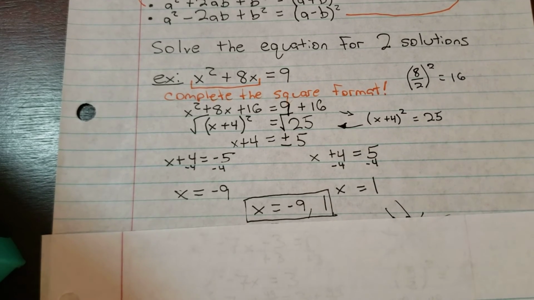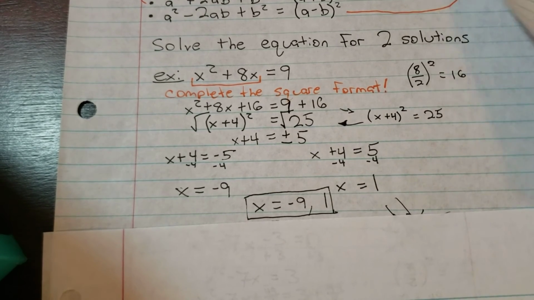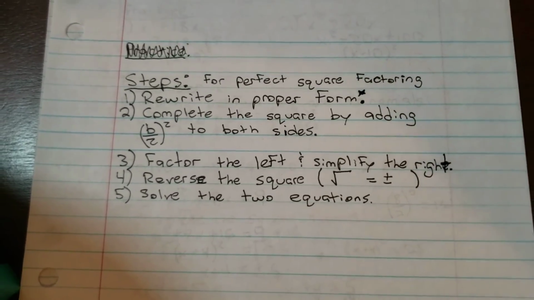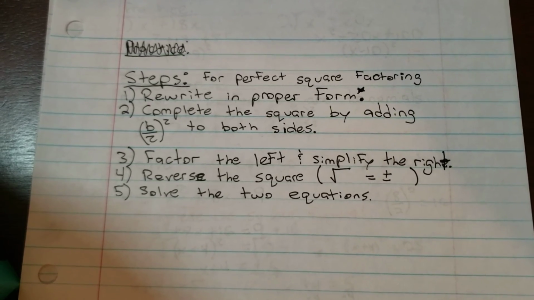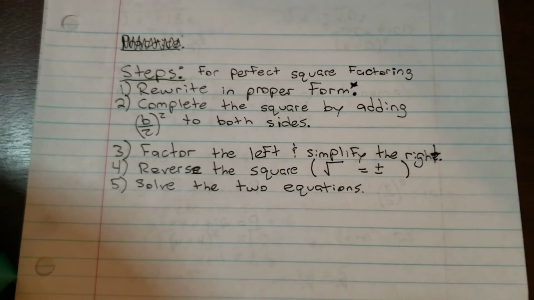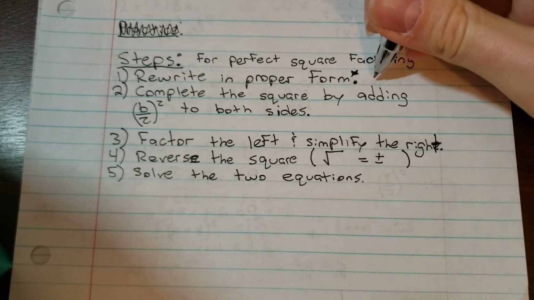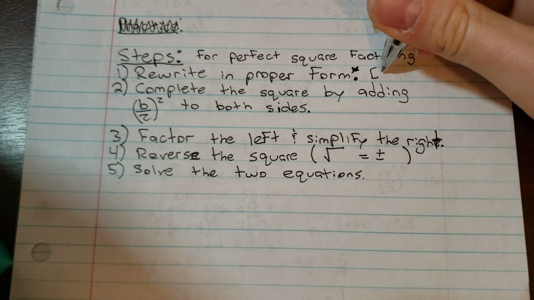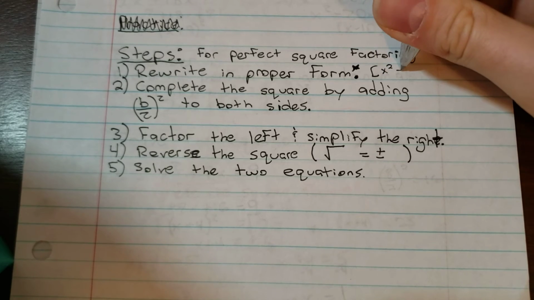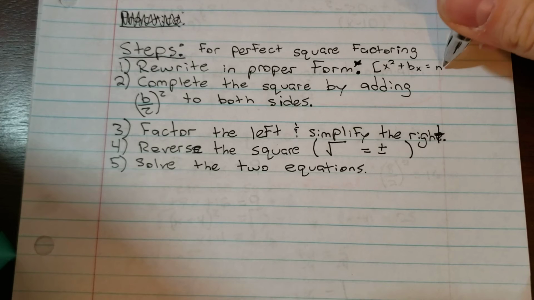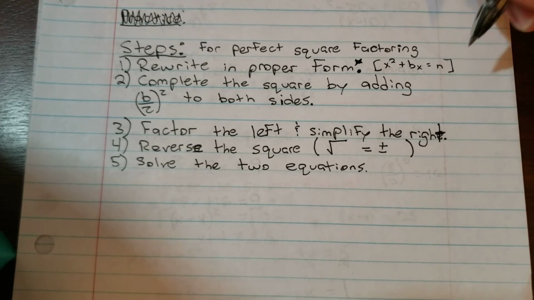But I've got some steps here for perfect square factoring. Now, the thing we're going to do is rewrite in proper form. That is x squared plus bx equals n. N is just any old number.